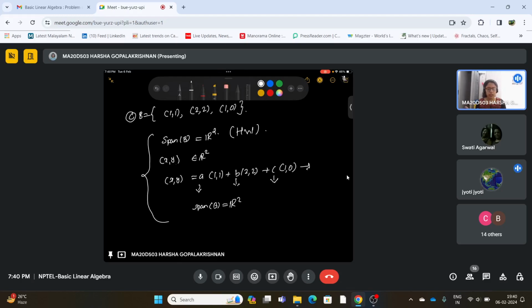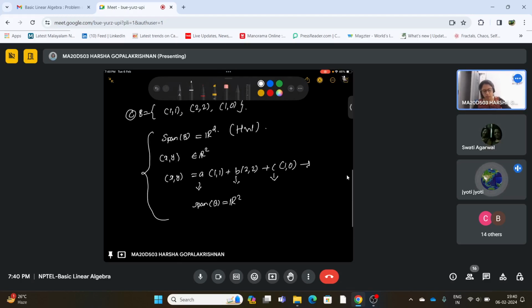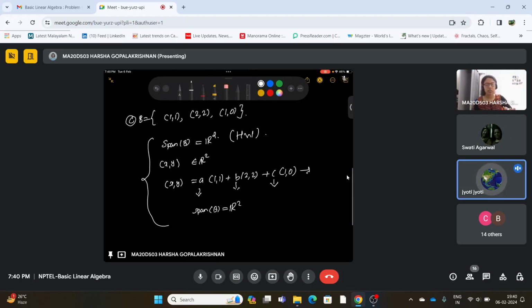So using that, can you say, if we take a proper subset of B, like the first elements (1,1) and (2,2), same as in the previous case, this will not span R2. So according to your second condition, this will not make a basis.